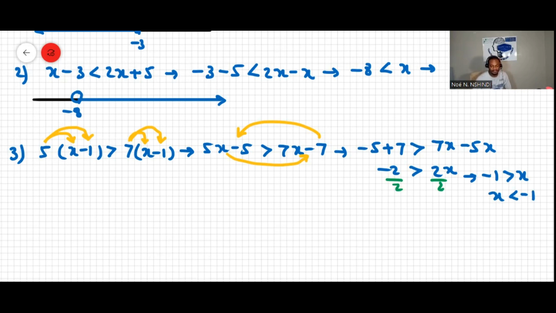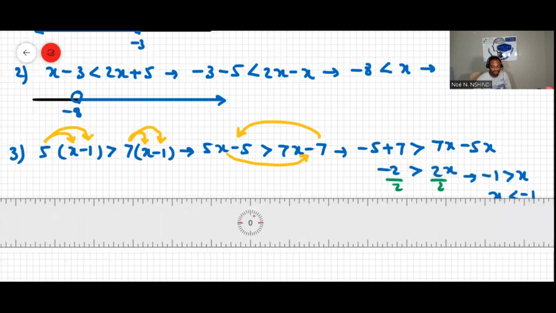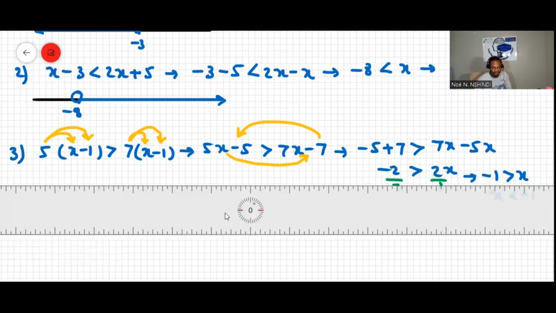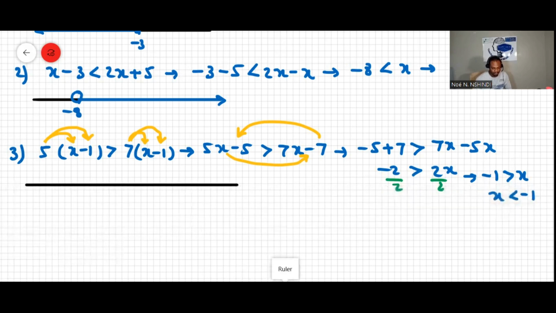Now, in the number line, we can draw, let me draw it a little bit there. I'll place in negative 1, let's say negative 1 somewhere here.